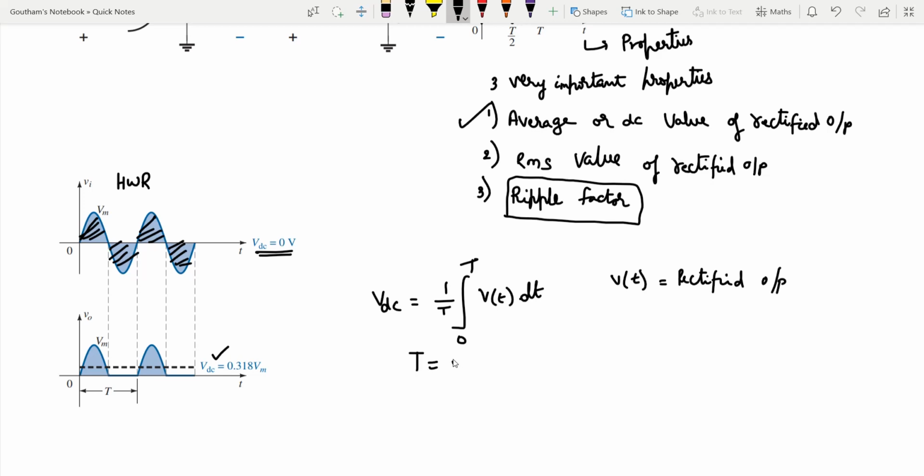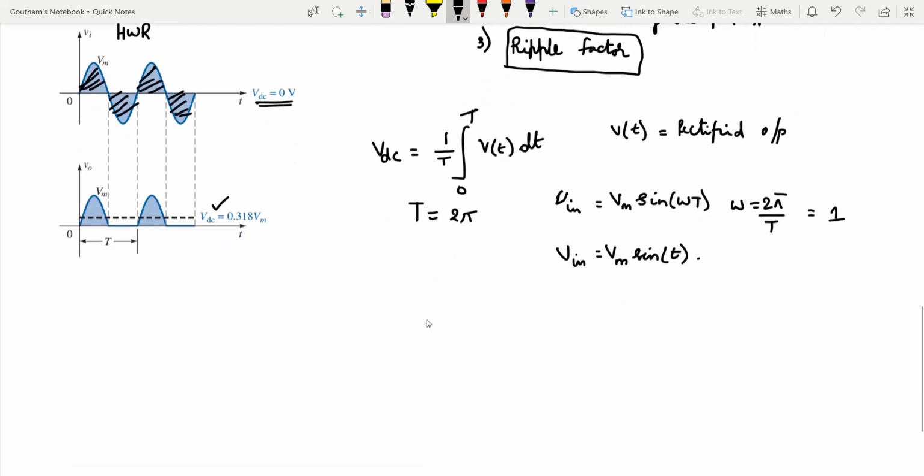Let me take the time period T to be 2 pi. So that means the input waveform V in is equal to Vm sin of 2 pi by T t, and T is taken as 2 pi, so omega becomes 1. So V in becomes Vm sin t.